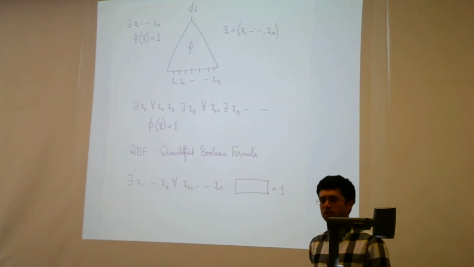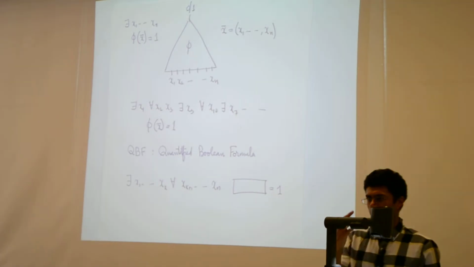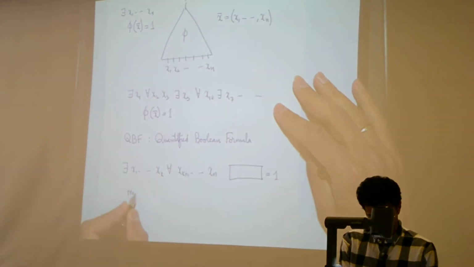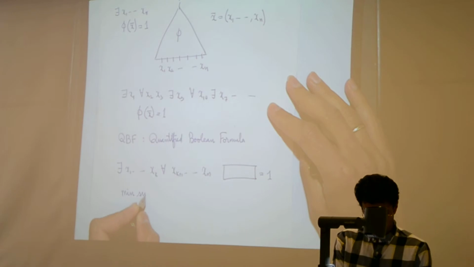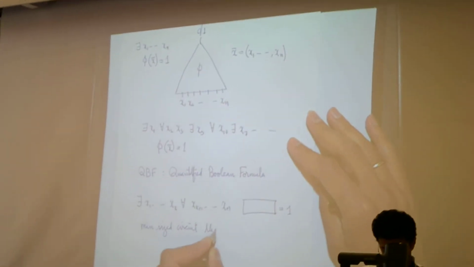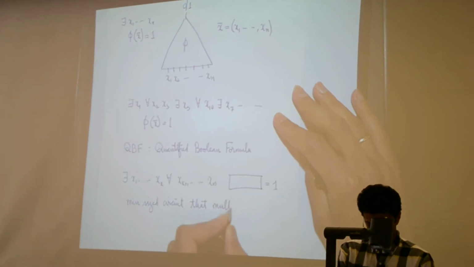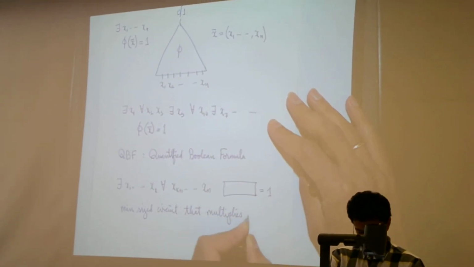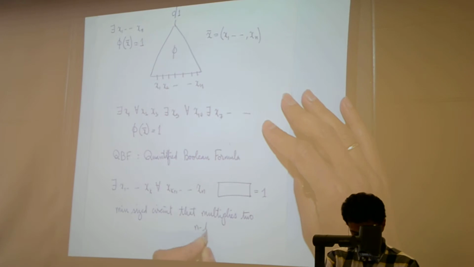Does that make sense? So think about the question that I asked earlier, about the minimum sized circuit that multiplies two n-bit inputs.